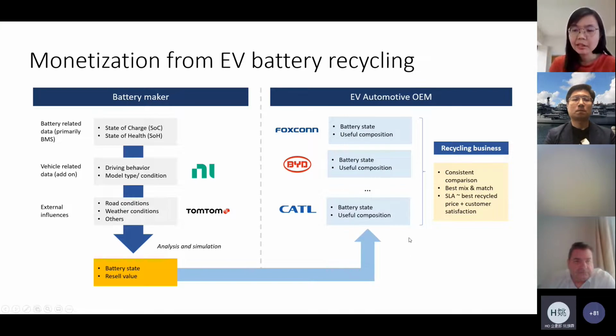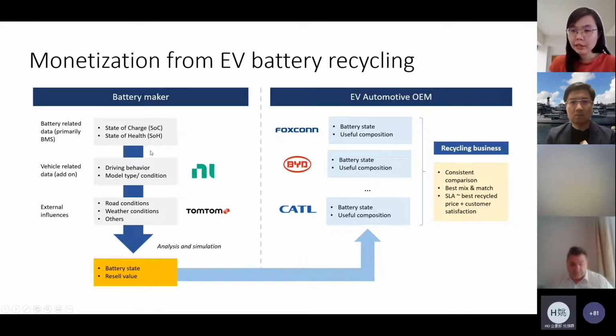This other example is not a customer case, but rather us trying to imagine what possibilities there are if we think about it from both a battery maker perspective and an OEM perspective. This is just a sample idea that we're thinking of, and also hearing out from our friends from NI and some of the other folks as well. From a battery maker perspective, there's a lot they have been collecting from the BMS primarily: state of charge, state of health.